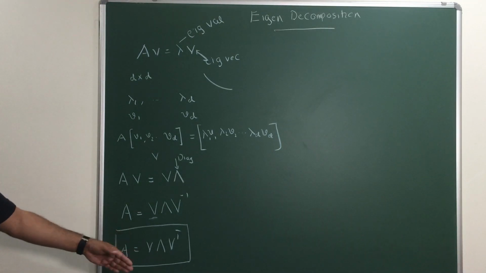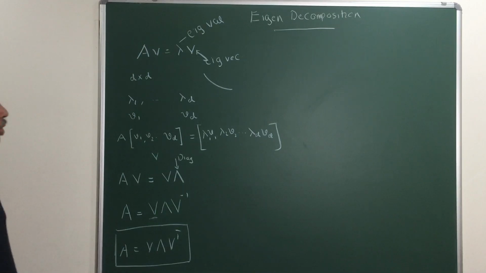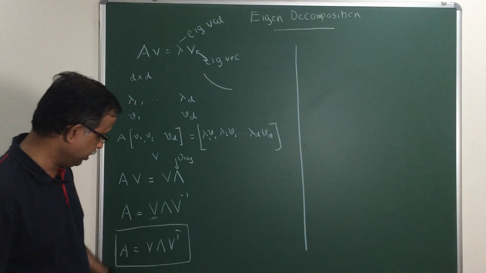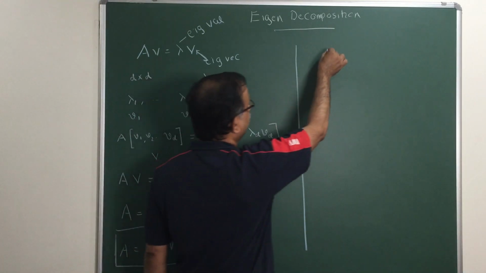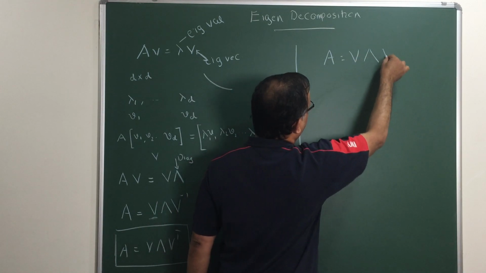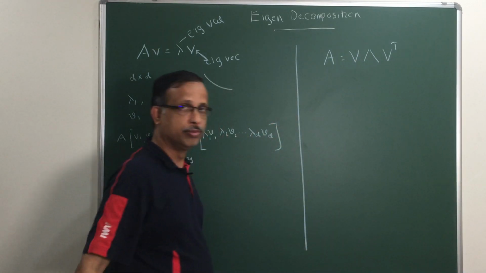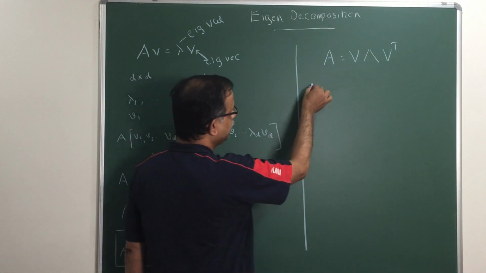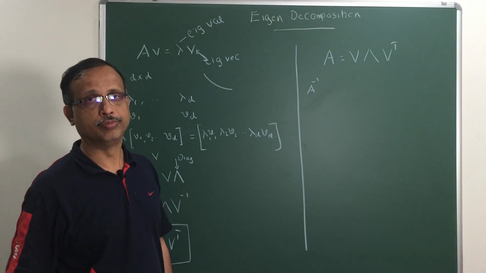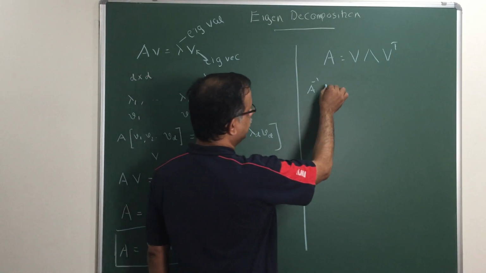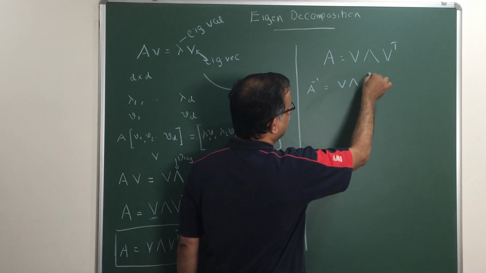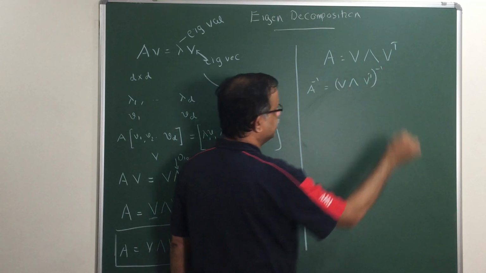Now what does it mean to us, or what can we do with this? Let us look at two quick applications of this. The first one: when A is equal to V lambda V transpose, if you want to find A inverse, what should we do? This is nothing but V lambda V transpose whole inverse.